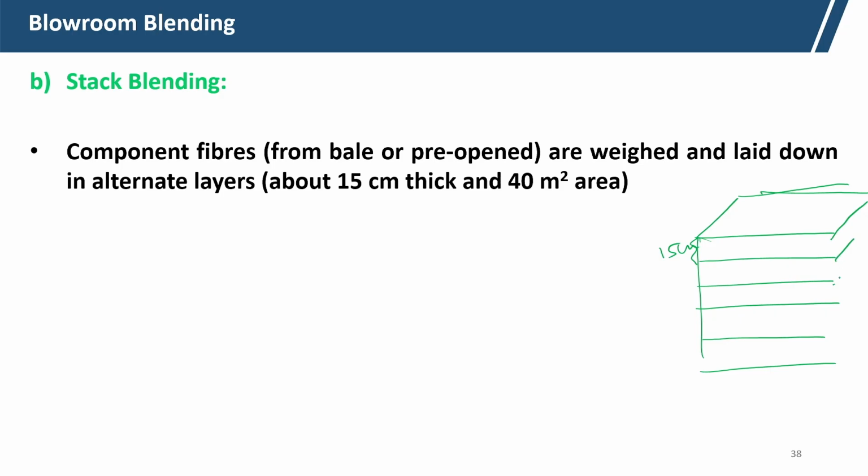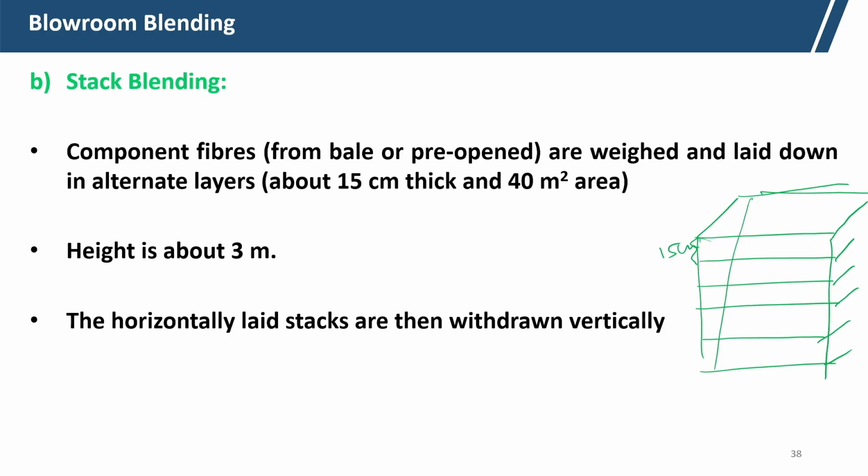So, different stackings are there. Now, from here we take the fibers vertically. The height is typically around 3 meters, and the horizontally laid stacks are then withdrawn vertically.